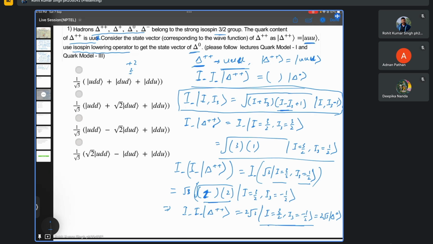Here, should we consider the isospin of up quarks as a triplet, or should we consider them as a doublet of U and D? What do you think? It should be doublets, right? Sir, why doublet?